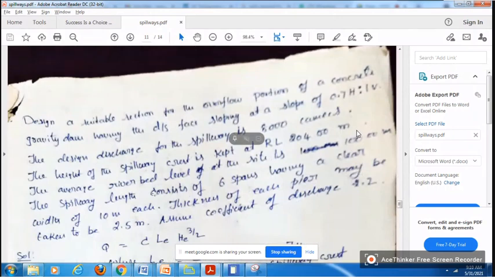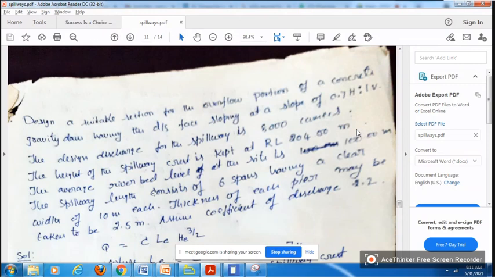Design a suitable section for the overflow portion of a concrete gravity dam, having the downstream face sloping at a slope of 0.7 horizontal to 1 vertical. The design discharge for the spillway is 8,000 cumecs. The height of the spillway crest is kept at 204 meters.